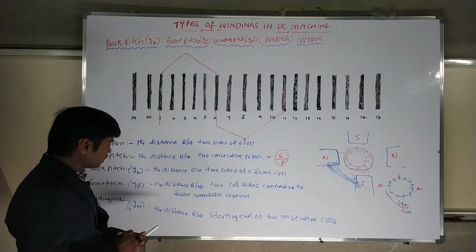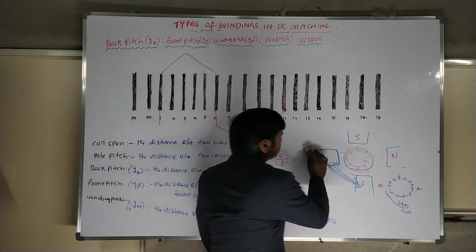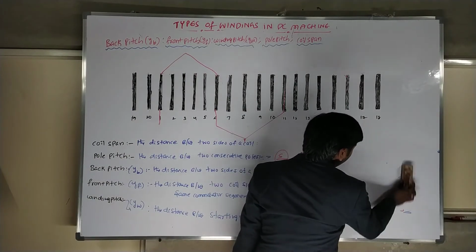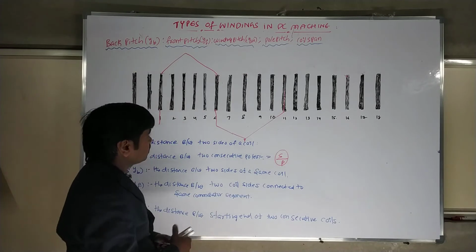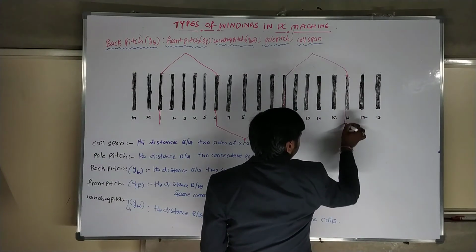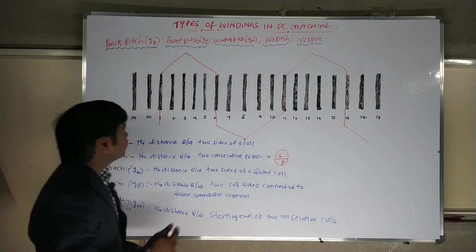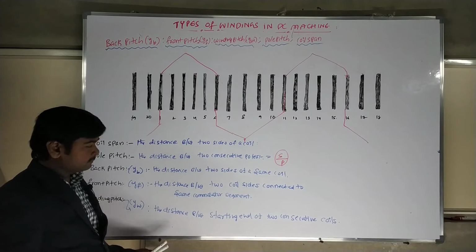It's very clear. Next, go for back pitch. The back pitch, we have to see the definition. First I should draw a normal wave winding, then you can understand. I should draw the extension to get more clarity. So this is wave winding. We know very clearly, the back pitch is nothing but the distance between two sides of the same coil. Let us take one coil, here to here.